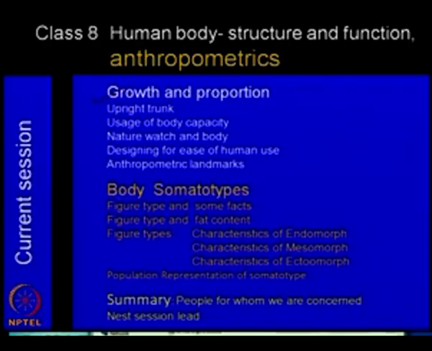And second part, body somatotypes, that is figure type and some facts related to that, figure type and fat content, and based on this fat content the figure types are determined normally. There are 3 figure types: characteristics of endomorph, characteristics of mesomorph, characteristics of ectomorph, and population representations of somatotypes. After these 2 parts, we are going to summarize whatever we are discussing today, that is people for whom we are concerned, and the next session lead.